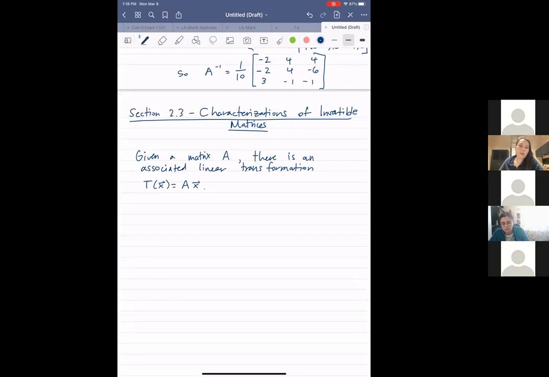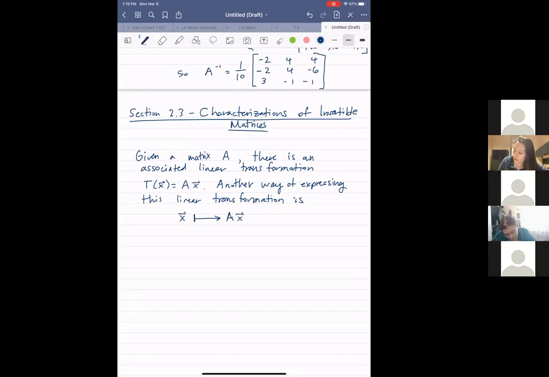Now, another way of expressing this linear transformation is going to be this: taking your variable x and mapping it to the matrix A times x.